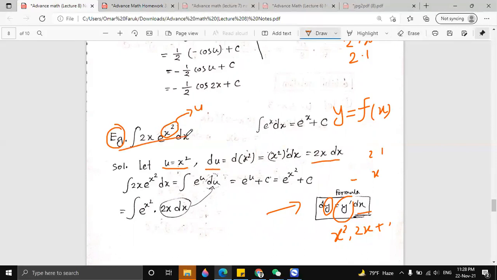So now let's go back to our main question, our main integration: integration of 2x e to the power x squared dx.